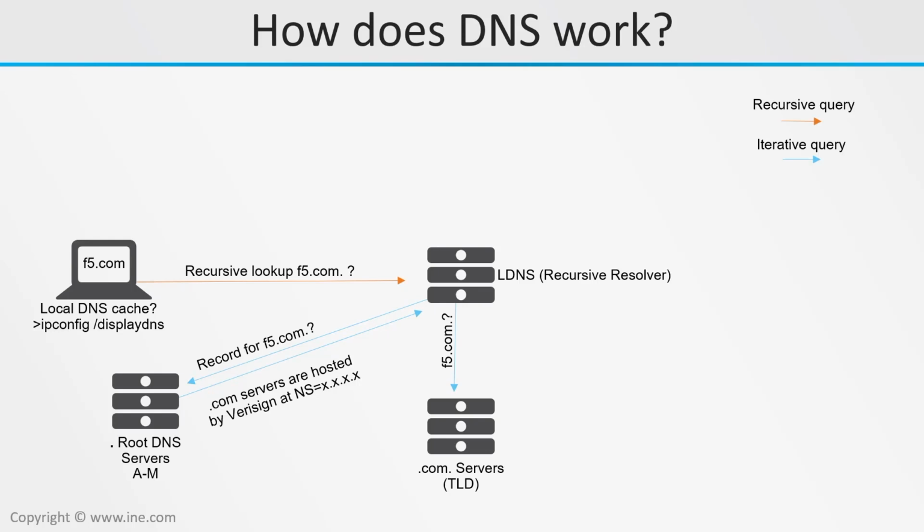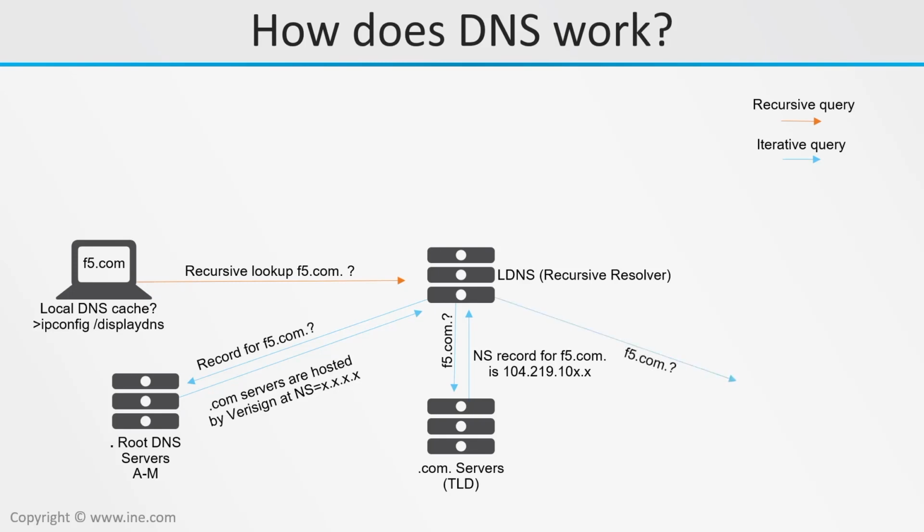So for .com, it's going to send a name server record. How do you get to f5.com? Who has the authoritative name server zone for f5.com? Well, it's going to respond with an NS record for f5.com, and this is how you reach it. This is who you need to talk to.